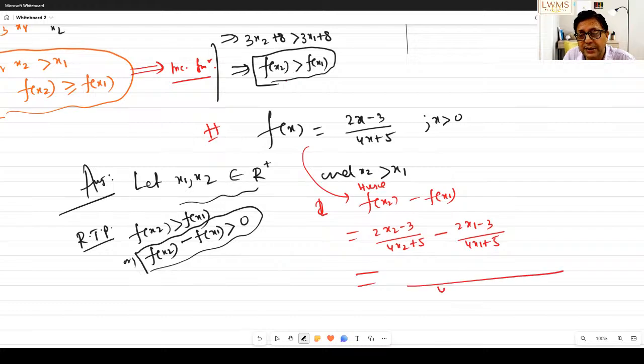So if you take the LCM, x1, x2 both are positive, because if you say that x1, x2 belong to R plus, this indicates that both are positive quantities.